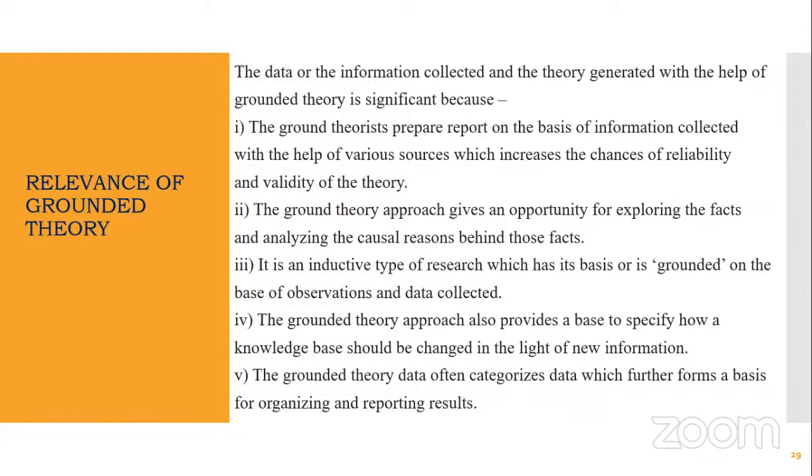This is very important because, as I mentioned, in grounded theory the sources of data can be several, and the researcher can include several sources together. It is not like you have to include only one type of data in your research. You can include multiple types of data sources just to substantiate the assumptions which you are making.